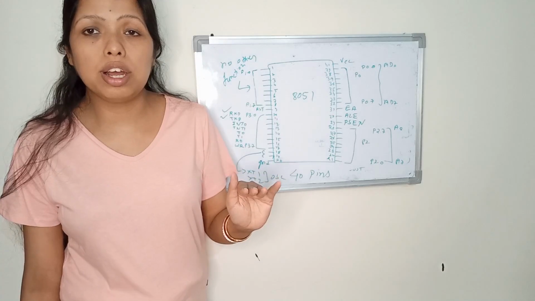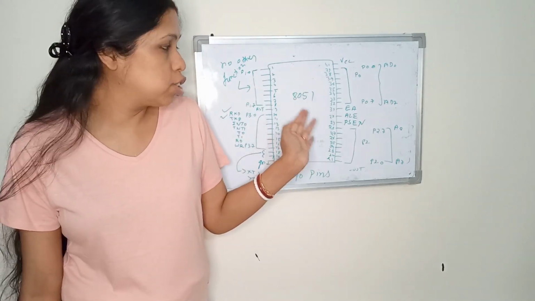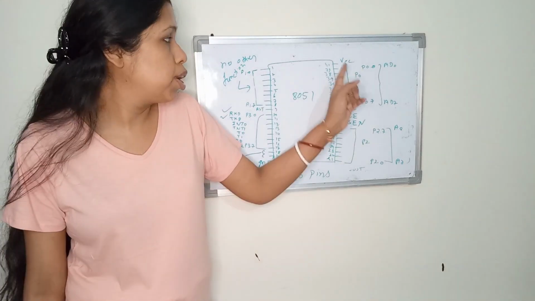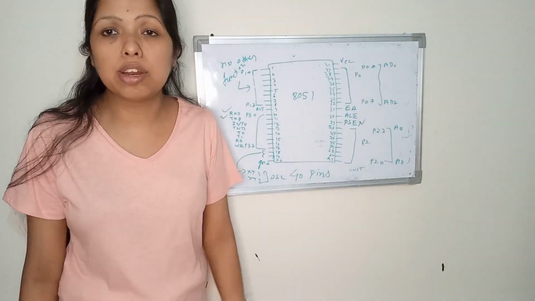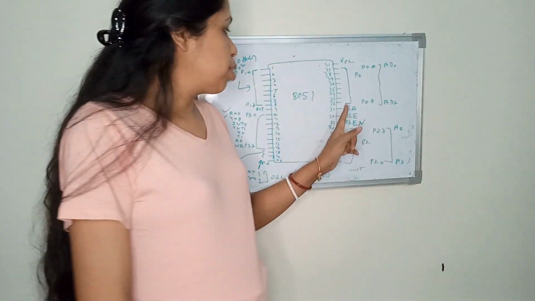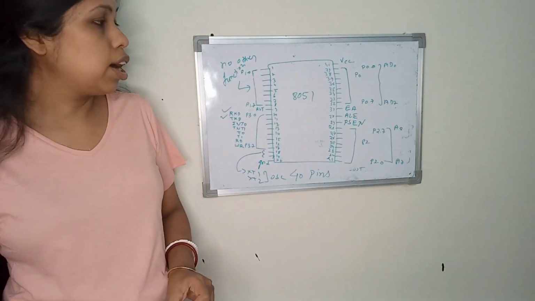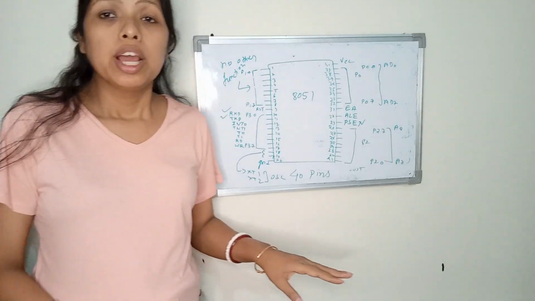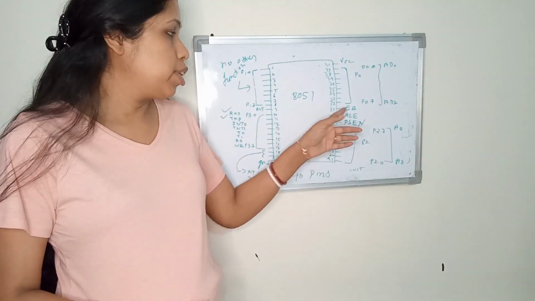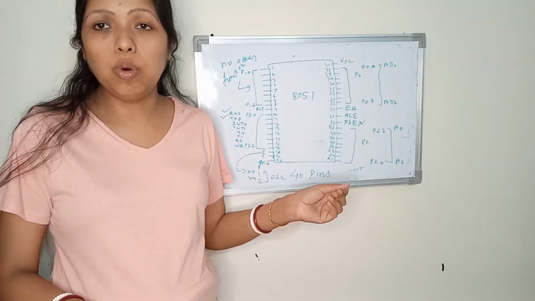If you don't connect external memory with the 8051, this EA should always be connected with VCC. So pin number 40 and pin number 31 should be shorted. If you connect the external memory here, you need to activate the external access signal.